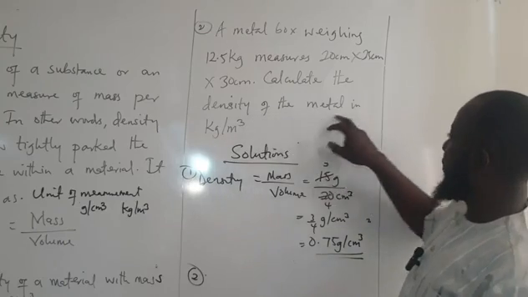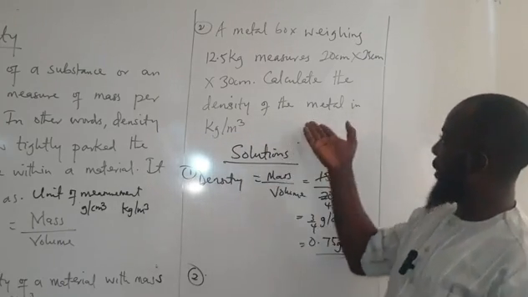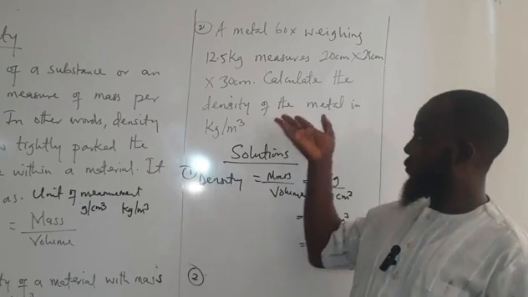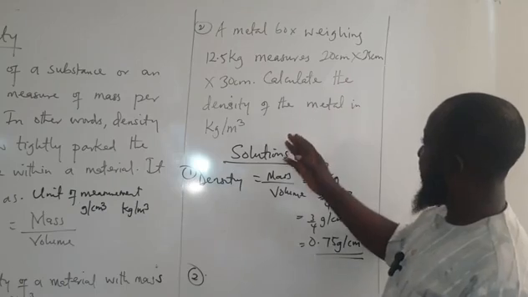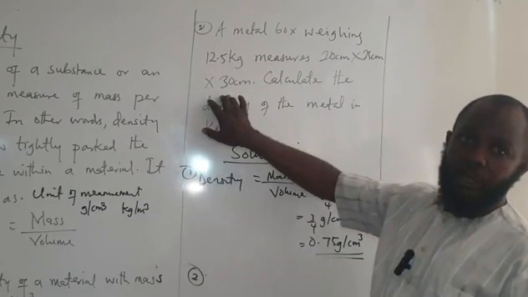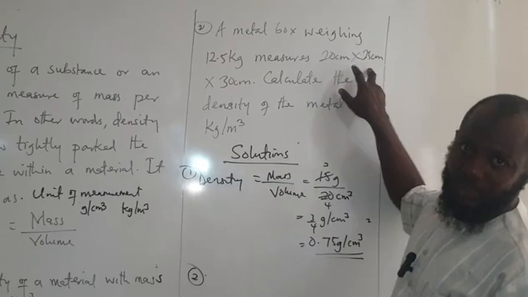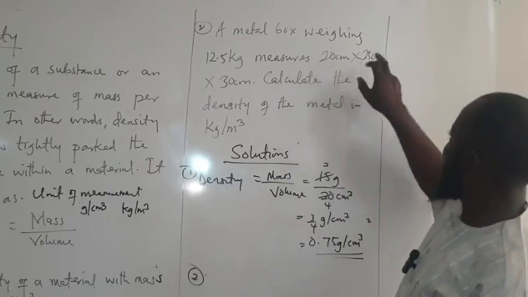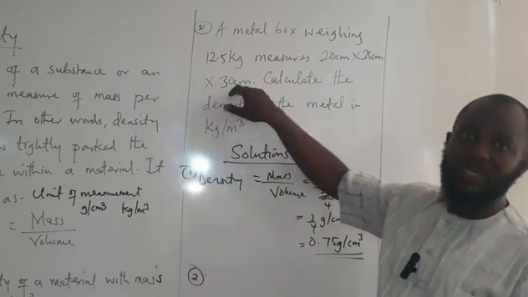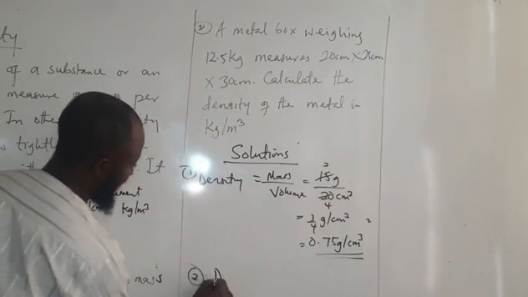Calculate the density of the metal in kilogram per meter cube. You notice that we're not given volume here, right? We only have the mass, but we have all these measurements. This measurement means volume, because 20 centimeters by 25 by 30 centimeters is a volume.